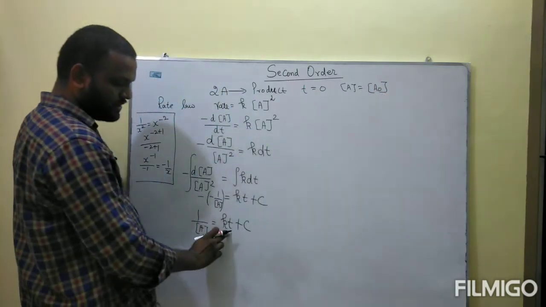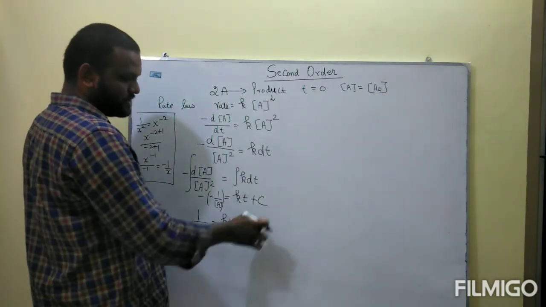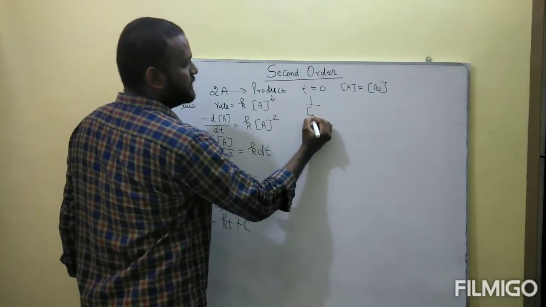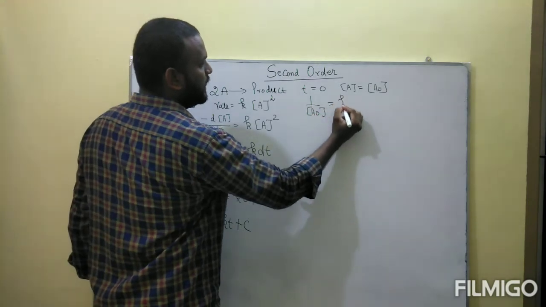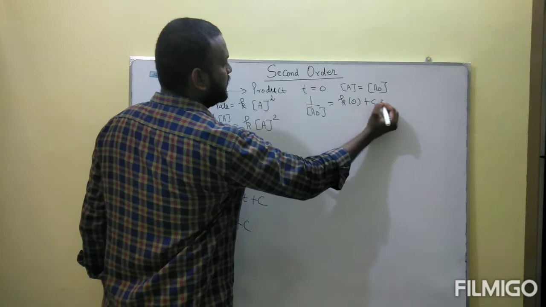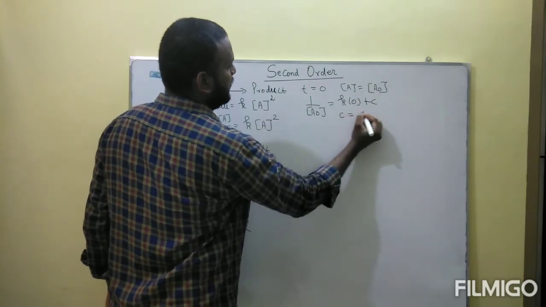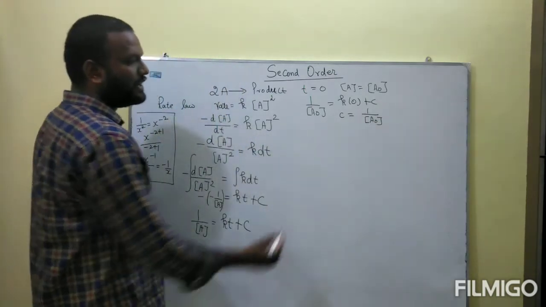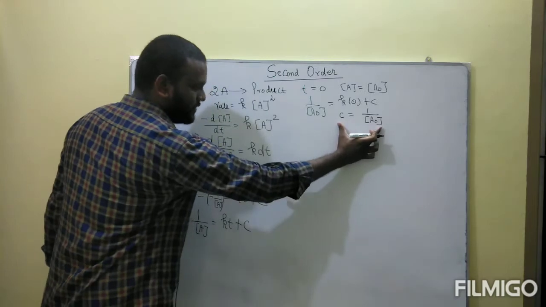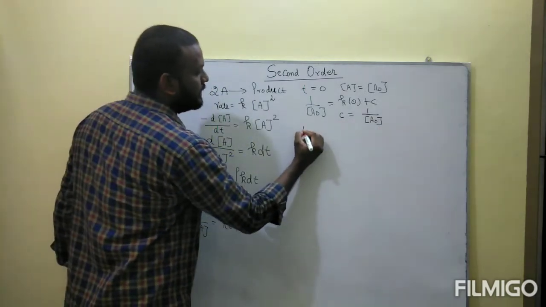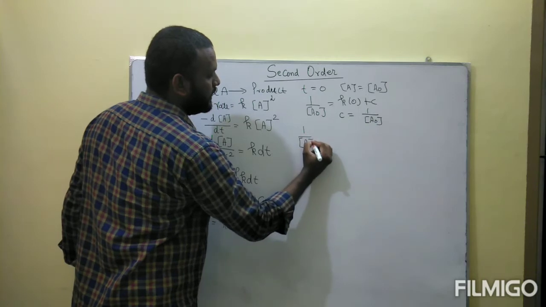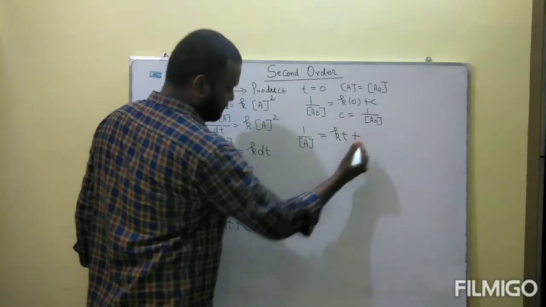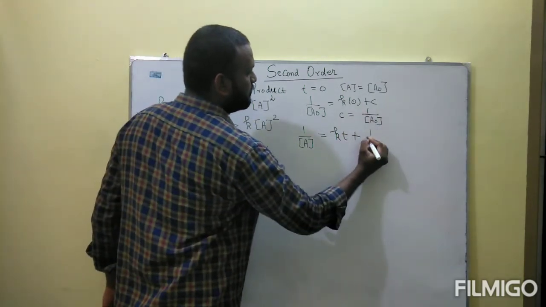Substituting this value in the equation, concentration of A is replaced by A0, and K times 0 plus C, which gives C equal to 1 by concentration of A0. Substituting the value of C in this equation, we get 1 by A equal to Kt plus 1 by A0.